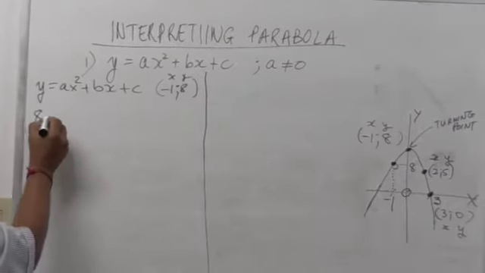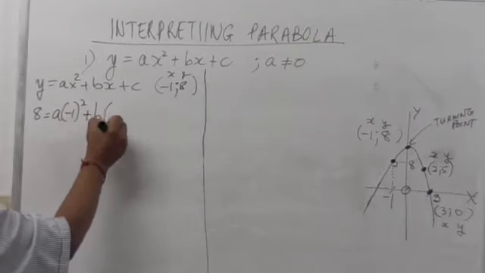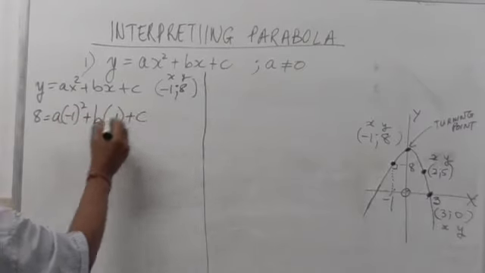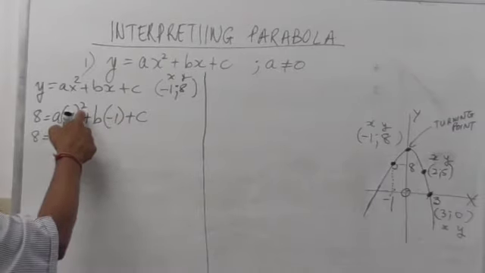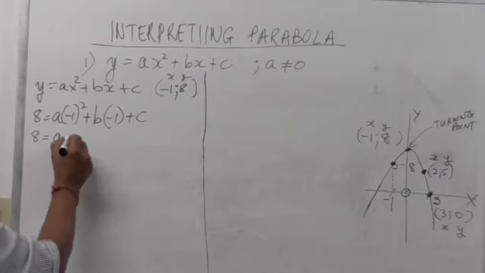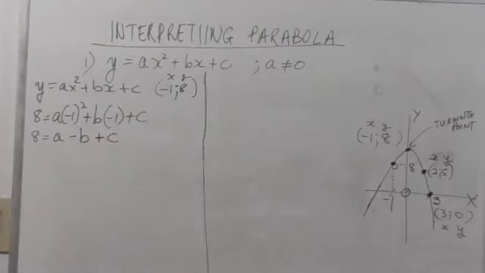So 8 is equal to a into minus 1 squared plus b into minus 1 plus c. So 8 is equal to: minus 1 squared is 1, 1 times a is a, minus 1 times b is minus b, plus c.